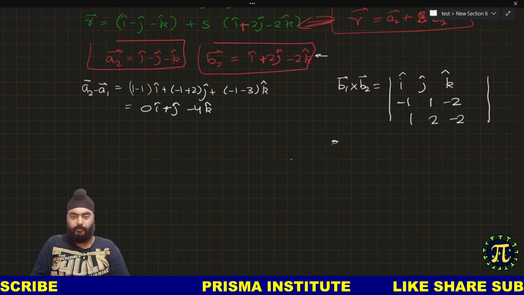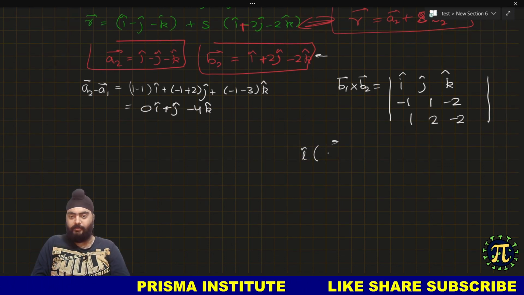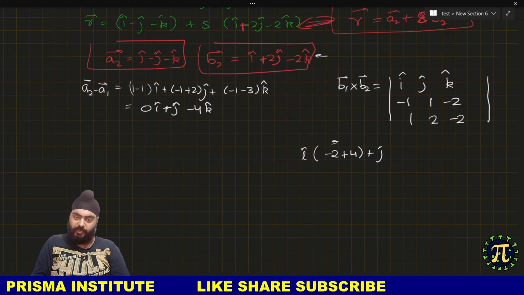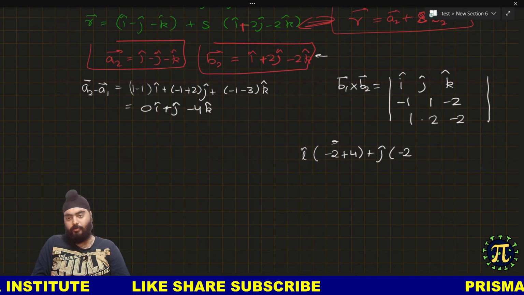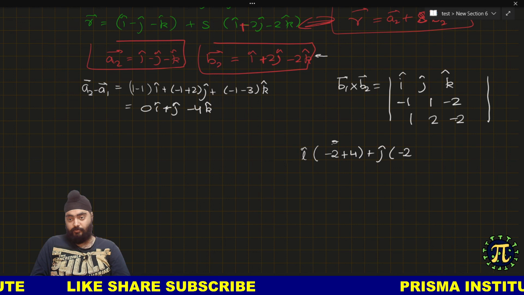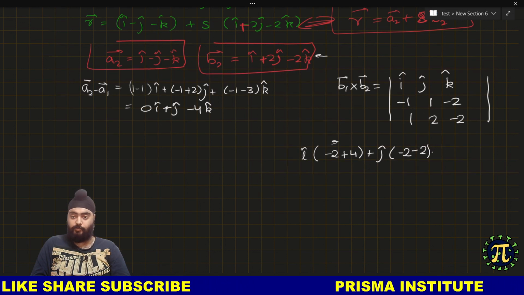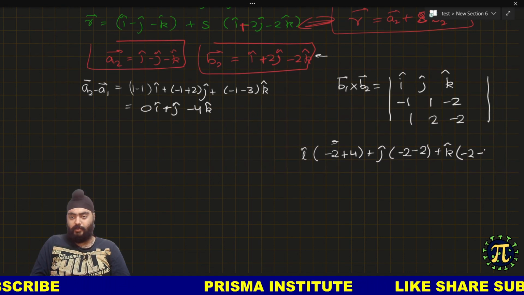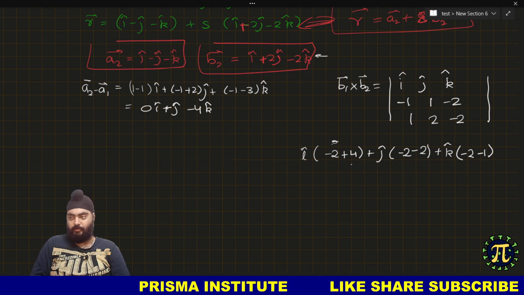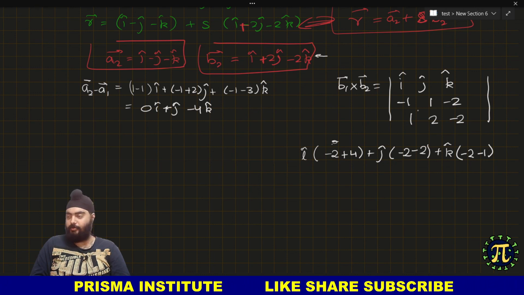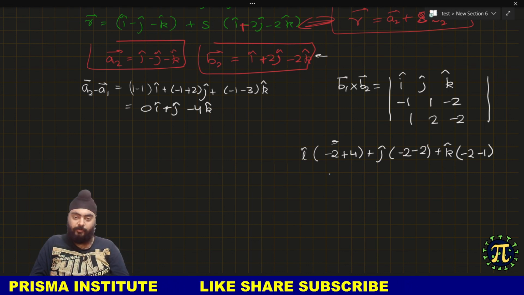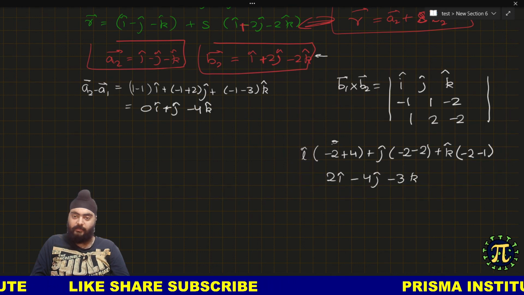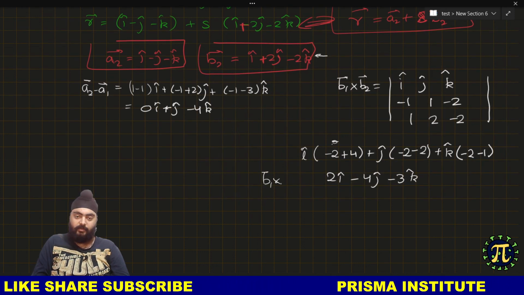With i cap I'm getting minus 2 plus 4, with positive j cap I'm getting minus 2, so minus 2 and then this is plus and this will become minus 2, and with k cap minus 2 minus 1. So please check on your own, do not just write that, calculate on your own and we get 2i minus 4j minus 3k. So this is b1 vector cross product with b2 vector.